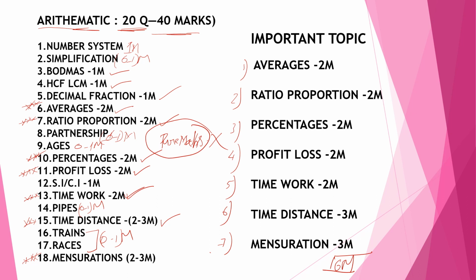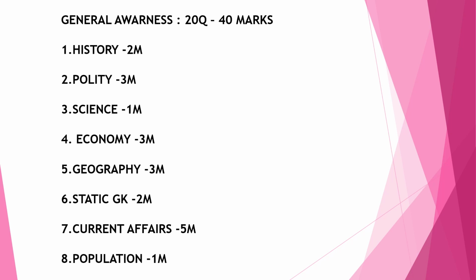Even in reasoning. Next, general awareness, that is 20 questions, 40 marks here also. From history we can expect 2 marks, that is ancient history, medieval history and modern history.